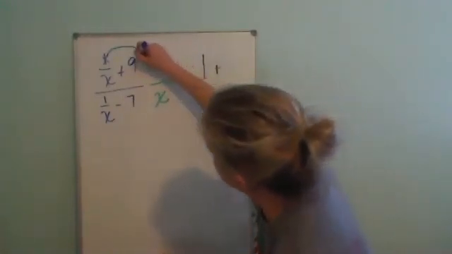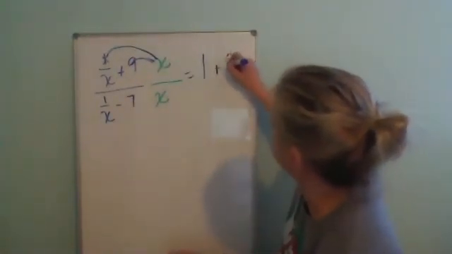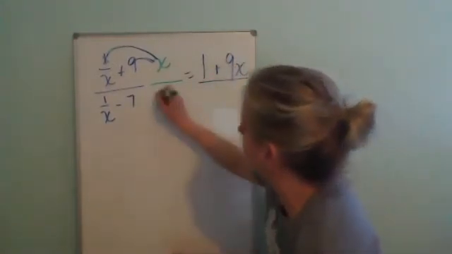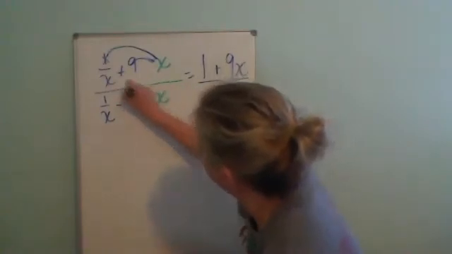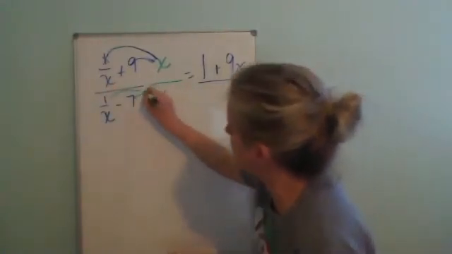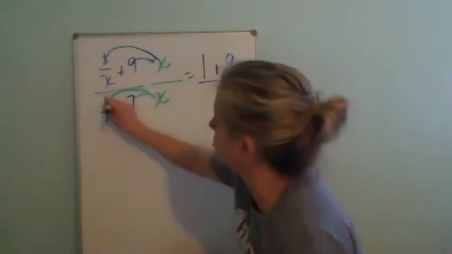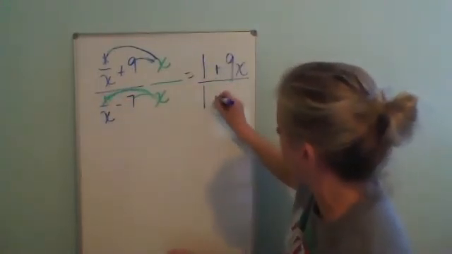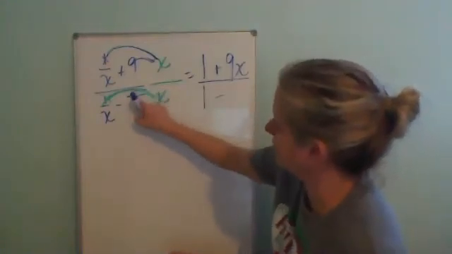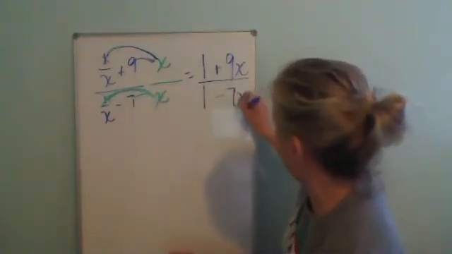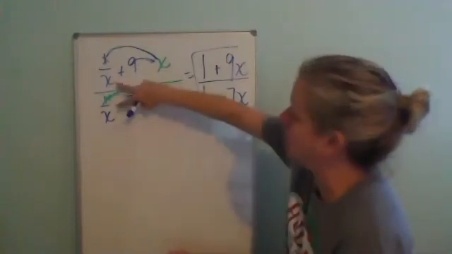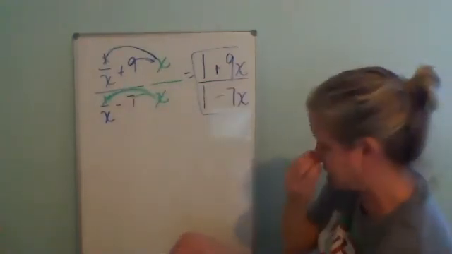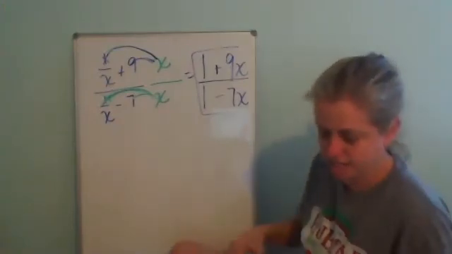Plus, let's see, make the x go to the 9, so 9 times x is 9x. And then do the same thing in the bottom. Make the x come here and here. So if you make x come here and distribute it, you have x over x, which again is just 1. Minus, if I make the x go to the 7, I'll just have 7x. So now I don't have fractions within my fraction. So I just have 1 plus 9x over 1 minus 7x.